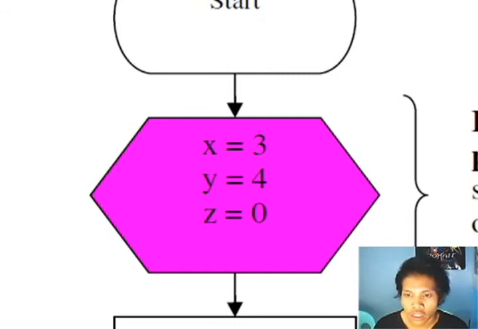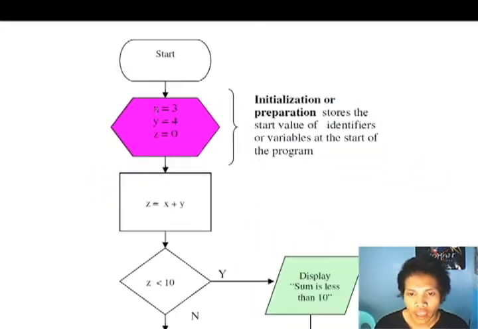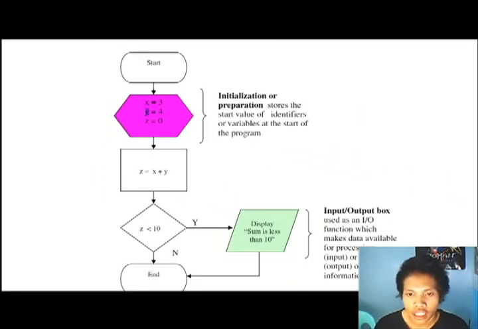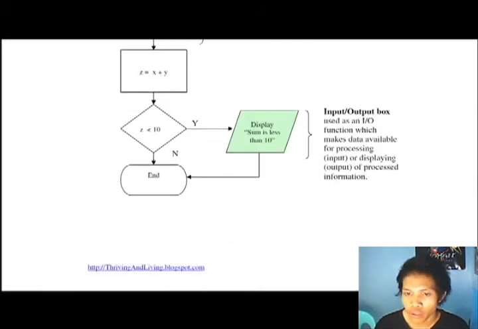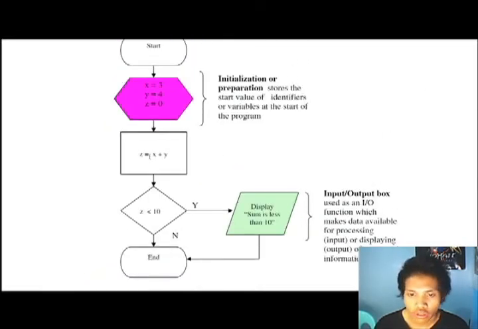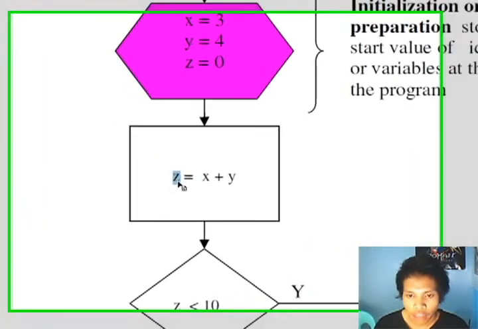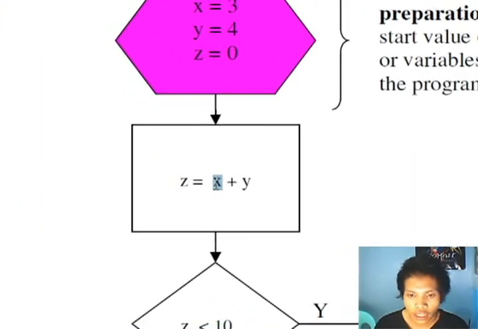It stores the start value of identifiers or variables at the start of the program. Then after initializing these values, we are going to proceed to the statement box, which contains the statement z equals x plus y. As you can see here, it consists of an algebraic expression.